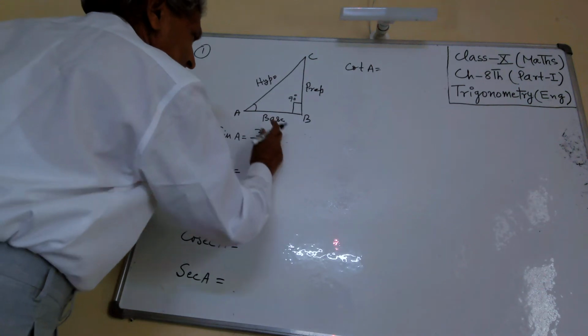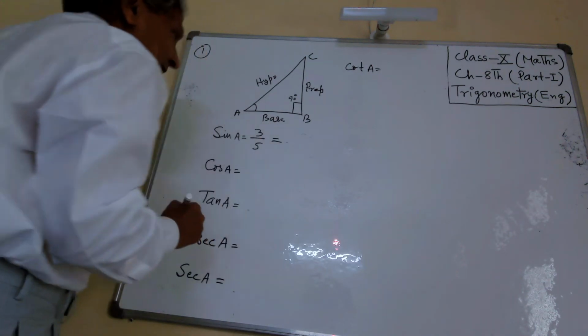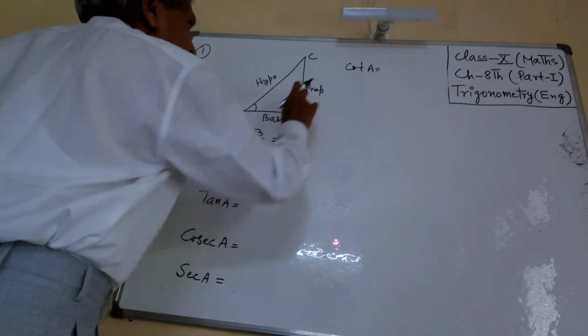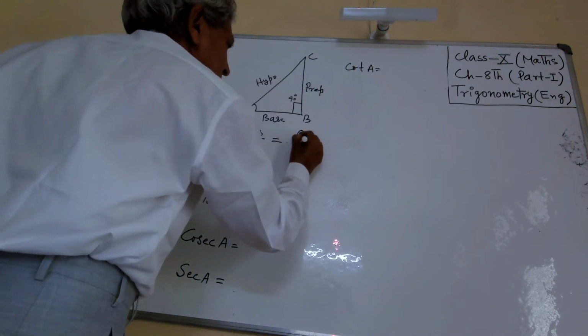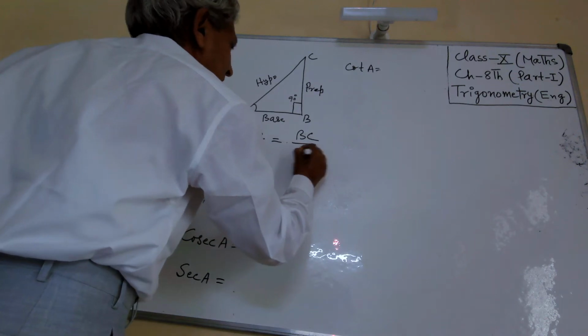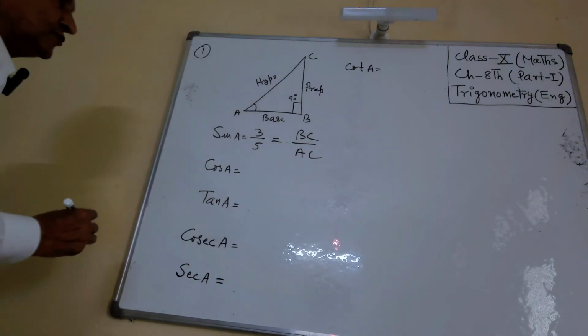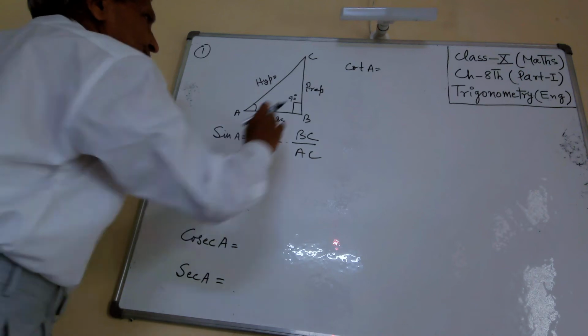But you have learnt that sin A is equal to perpendicular upon hypotenuse. It means BC upon AC. So write down the values of this.